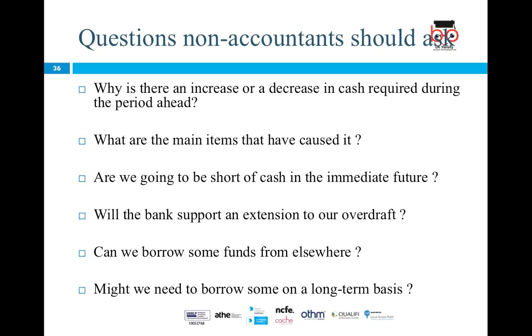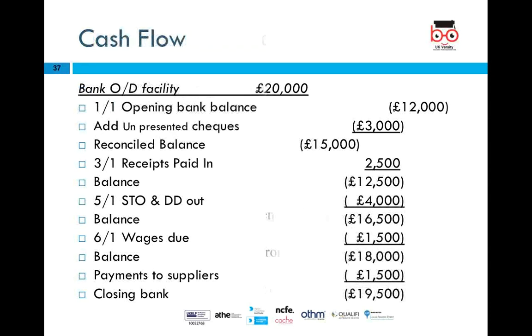Will the bank support an extension of the overdraft facility, and can the company borrow some funds from elsewhere? Might the company need to borrow on a long-term basis or short-term basis? These are the questions asked by stakeholders, external or internal. Anyone can see on the basis of the cash flow projection.